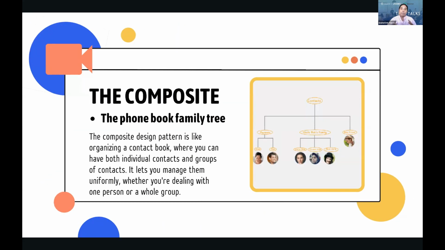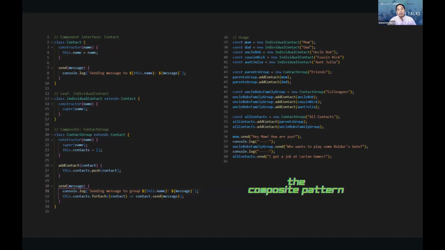The composite design pattern is like organizing a contacts book, where we can have both individual contacts and groups of contacts. It lets us manage our contacts uniformly, whether you're dealing with one person or a whole group. Here, the individual contact class represents an individual contact. The contact group class represents a group of contacts.